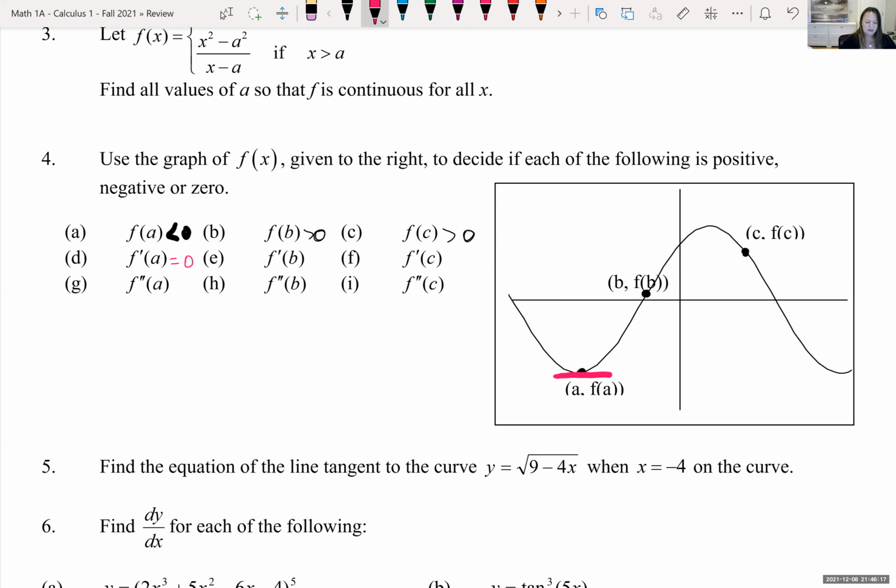For b, notice that the slope of that tangent line is positive. It's an increasing function, so we know that this has to be greater than 0. The derivative at c is less than 0 because it's a decreasing function right there.